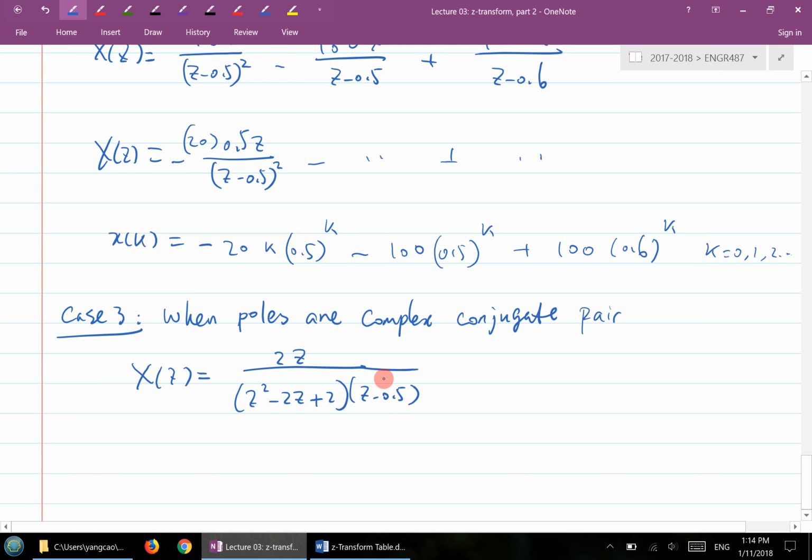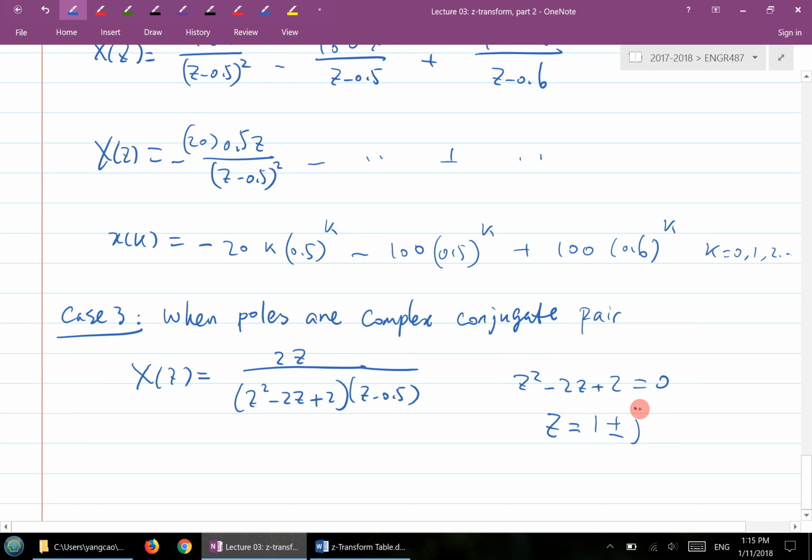Now, if you set z squared minus 2z plus 2 equal to 0, you'll find the solution for z is 1 plus or minus j. So it's complex, a pair of complex conjugate poles.